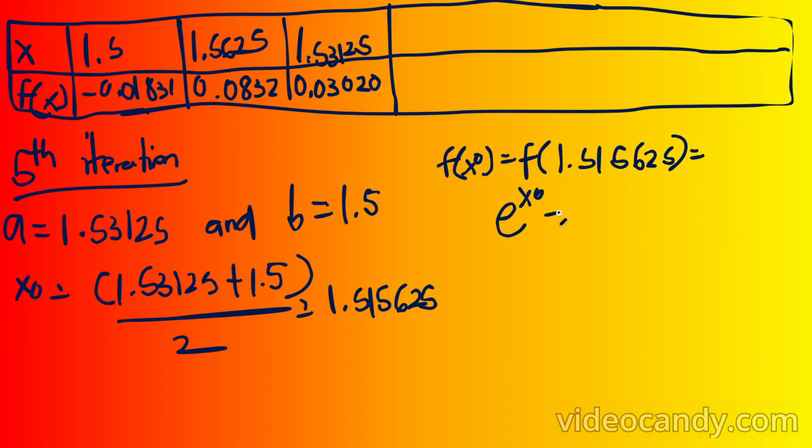x0 cubed minus 3 times x0. How much? Minus 1.516. Okay, so the answer is 5.3904.